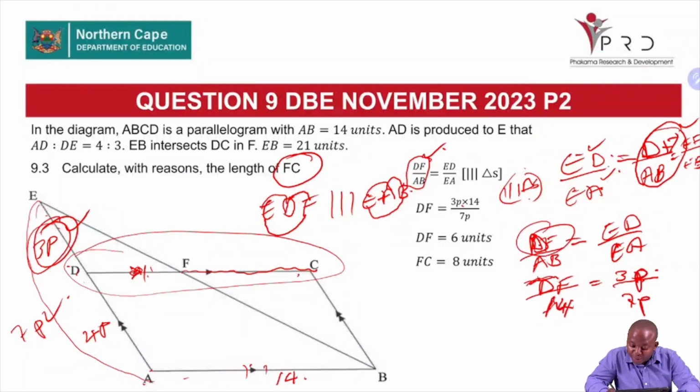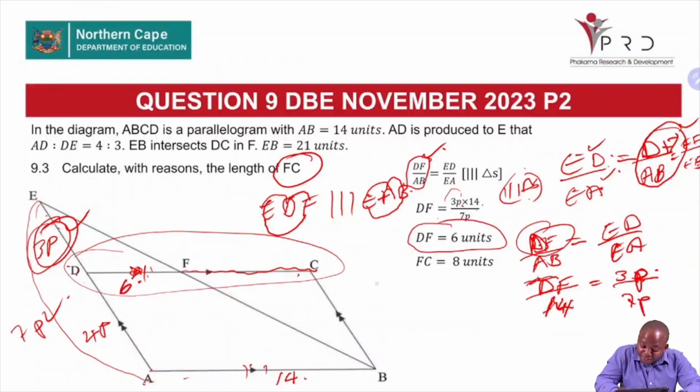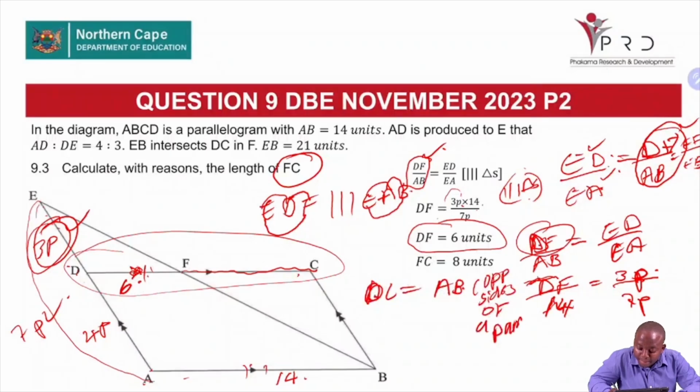Then when you cross multiply, we get DF equals 3P over 7P times 14, so we find DF as 6 units. However, you must remember that DC is equal to AB, because these are opposite sides of a parallelogram.